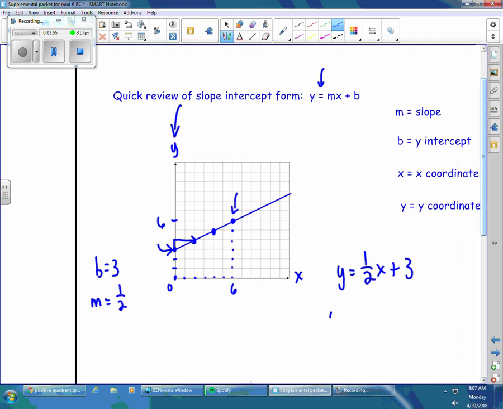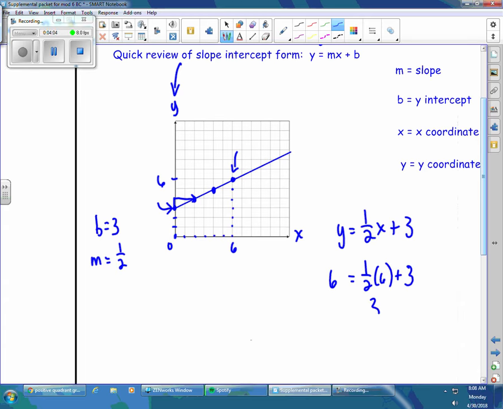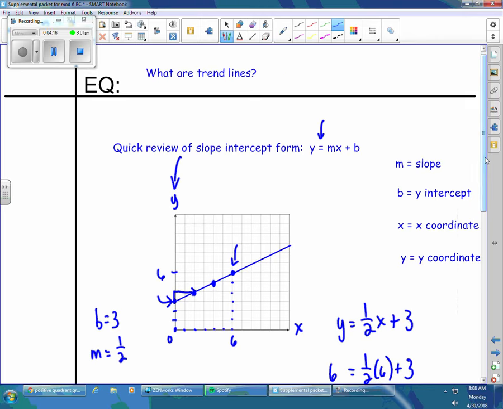So does 6 equal half of 6 plus 3? Half of 6 is 3, plus 3 is 6, so 6 equals 6. So that works. Hopefully this is ringing some bells. We worked on this in Module 4 extensively, but I know some of you are still struggling with it. So before I got into today's lesson, I just wanted to make sure that we had a quick review here.